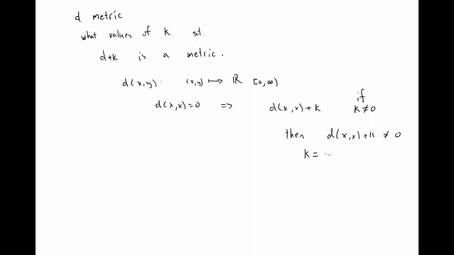So k must be 0, because if it's not 0, then this axiom fails. That's about it. There's not a whole lot else you can do with this, because we found that in order to fulfill the axioms of a metric, dxx must be 0.